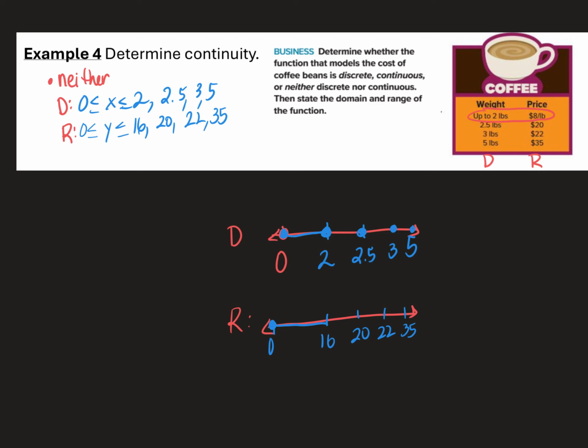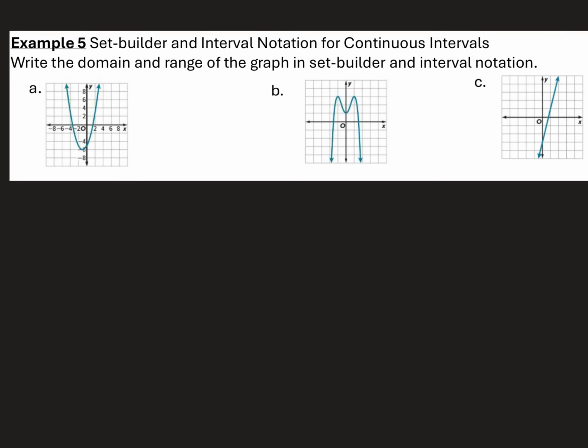Moving on to the next example. For example 5, we will be finding the domain and the range for each of these graphs in set builder and interval notation. So in set builder first, and then in interval notation.